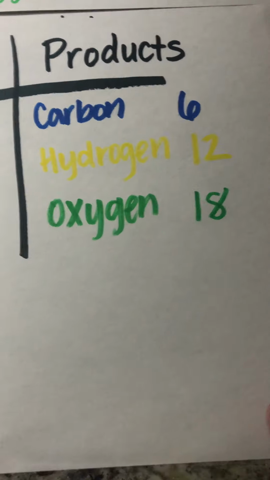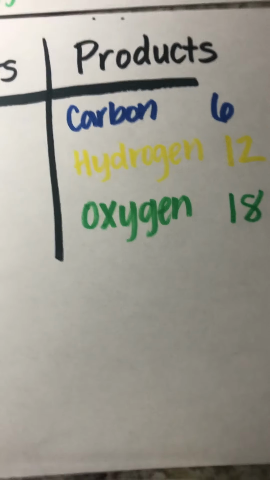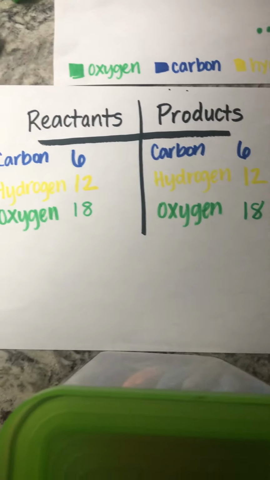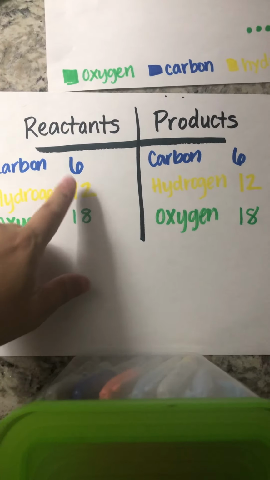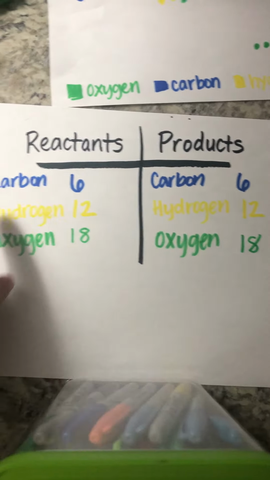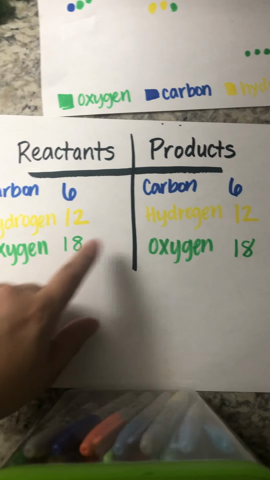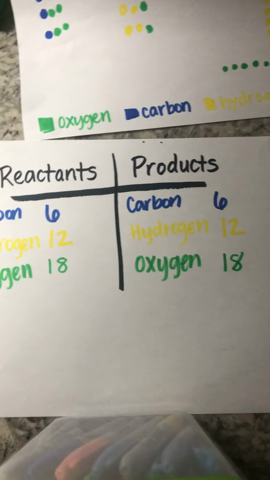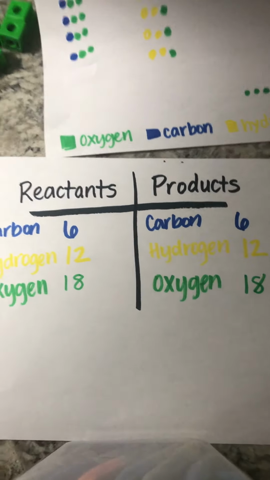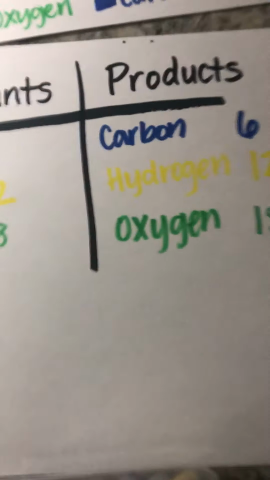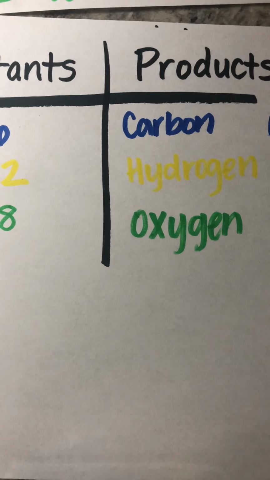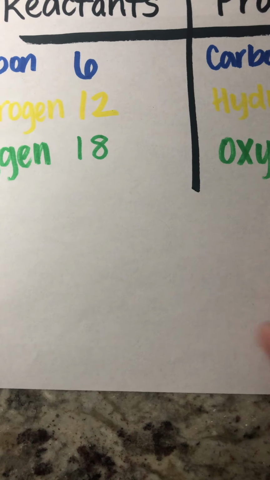So let's look at both reactants and products. As you can tell, we had 6 on both sides, we had 12 on both sides, and we have 18 on both sides. So that lets us know that everything is balanced. We used everything that we started with, and it was the same as what we ended.